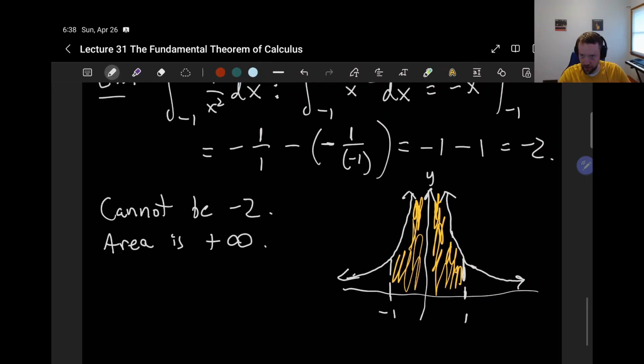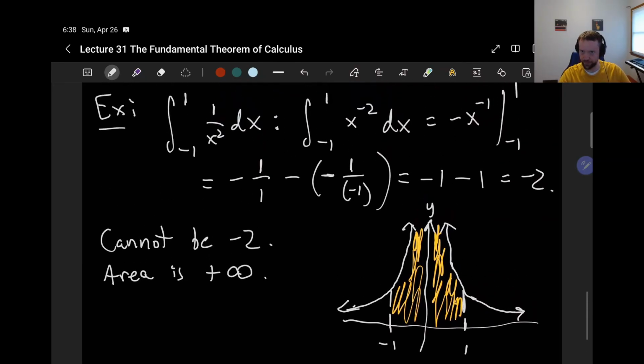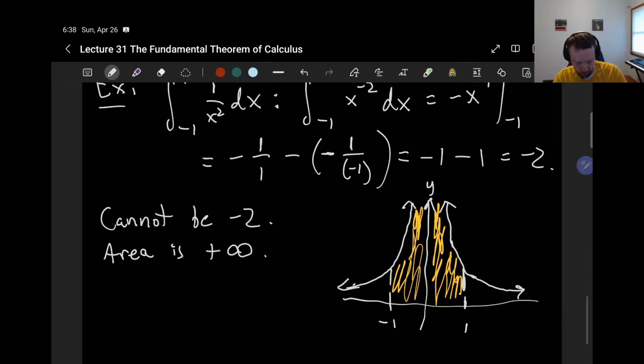So why does this fail? It's because 1 over x squared is not continuous on this interval from -1 to 1. We're undefined when x is 0. So that means you have a little discontinuity there in the middle of the interval.